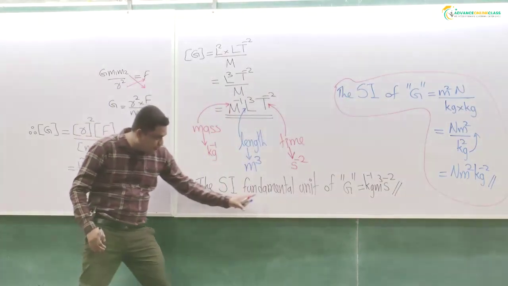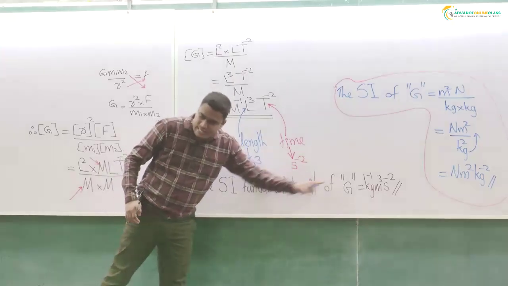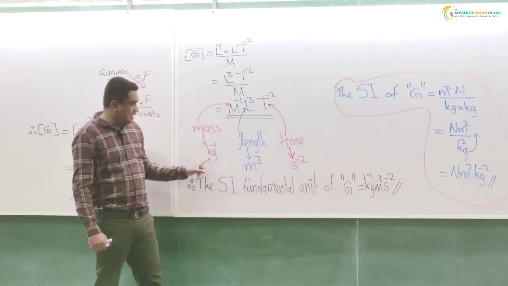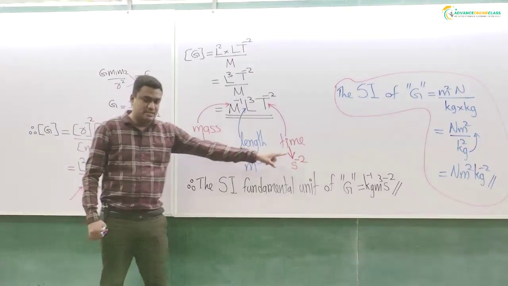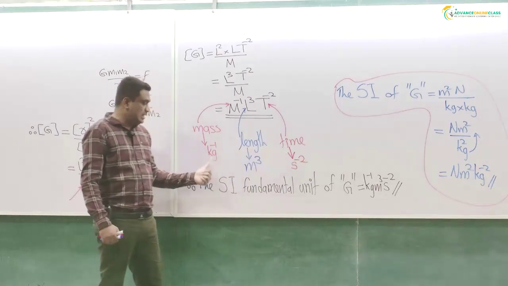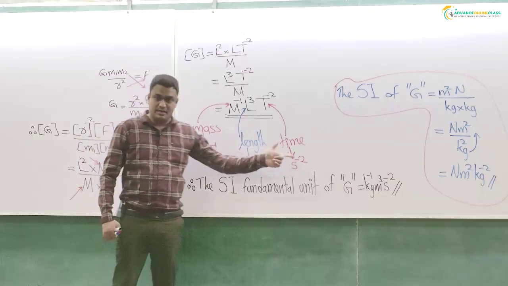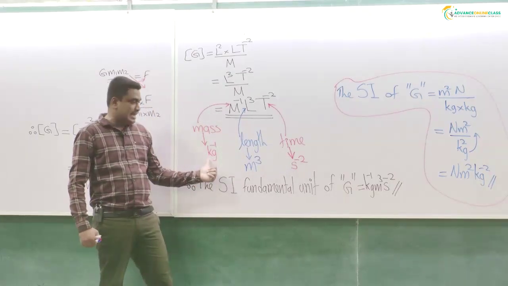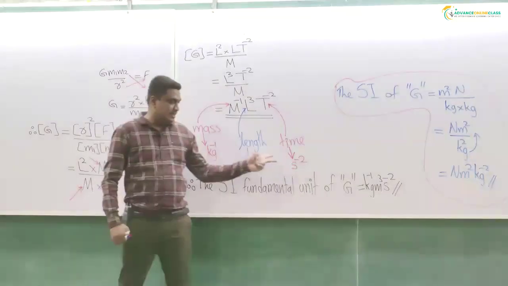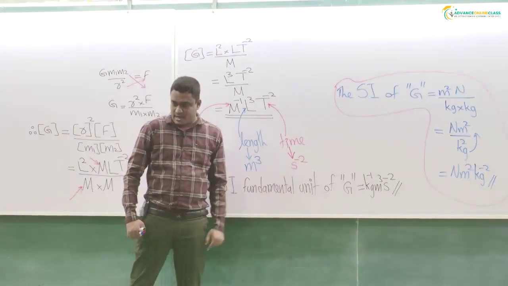The SI fundamental unit of capital G is kg^-1 m^3 s^-2. How to read it? Per kilogram cubic meter per square seconds.